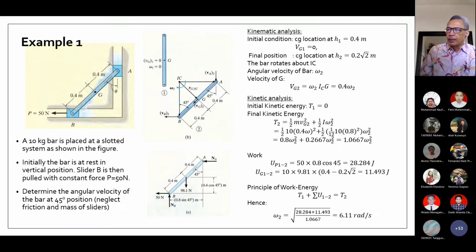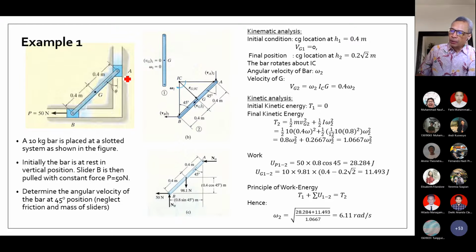This is an example of how we can use that principle to analyze the motion of this bar. In this example, I will show you that first we have to analyze the kinematics of this rigid bar before we do the kinetic analysis.